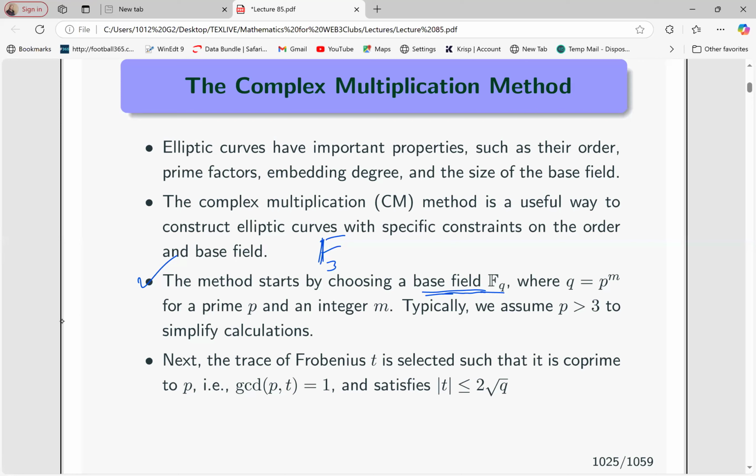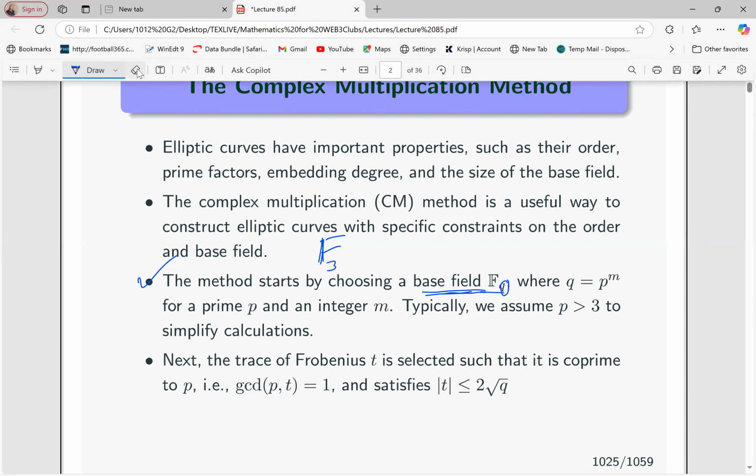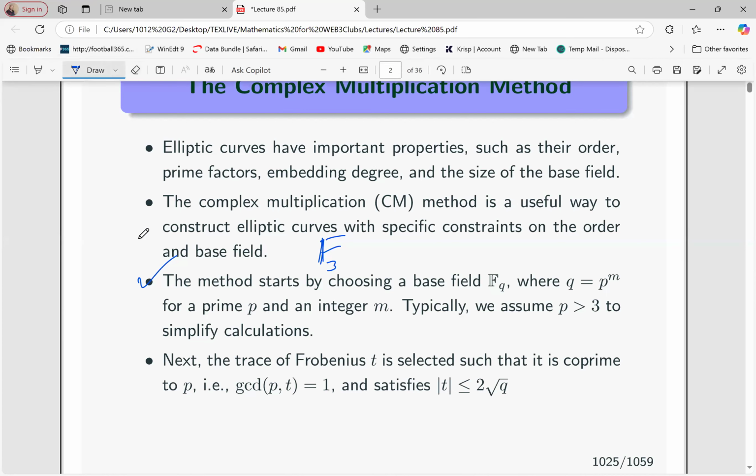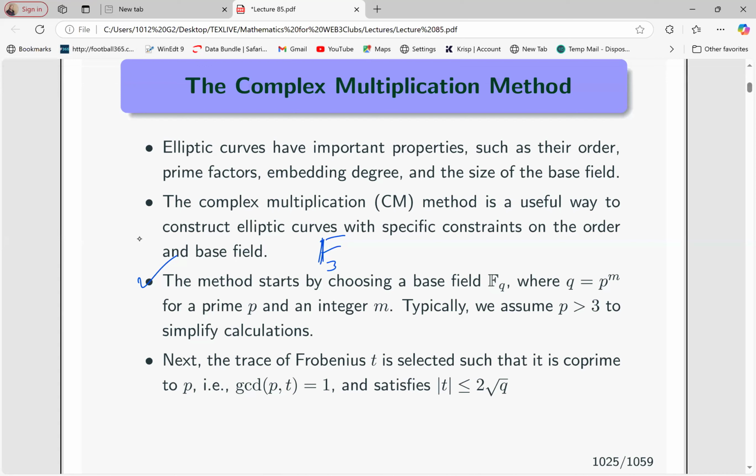Your field must be chosen such that Q, you don't just choose it like that, it has to meet some conditions. Q must be equal to P raised to M, where P is a prime number and M is an integer.